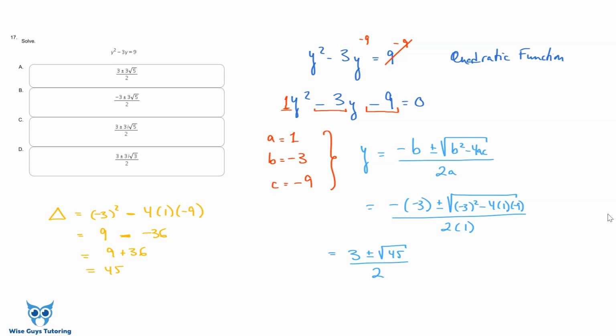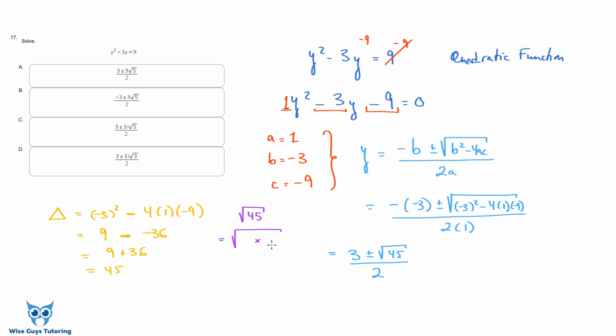Now you might have seen in the previous questions that we can simplify this square root of 45. So again, I'll do that on the side. I'm running out of space here, so I'm just going to squeeze in here. So square root of 45, I can break this up, right? And the rule is you want to break it up into a product of two numbers, at least one of which has to be a perfect square.